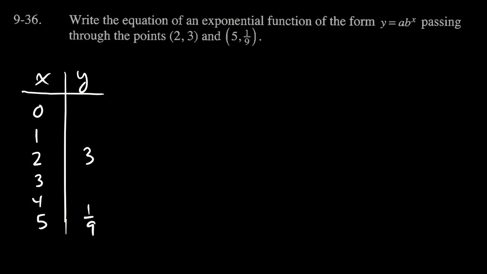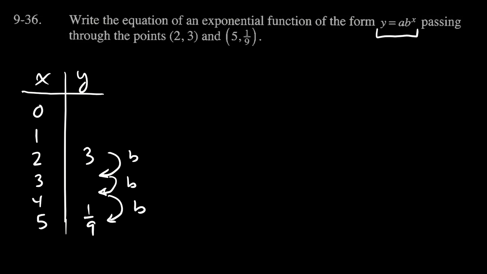So if I want to move from 3 to 4, for a situation like this where this is exponential, this is not linear, the question is, what am I multiplying by as I jump 1? That's from 2 to 3. This is from 3 to 4. And this is 4 to 5. So I'm multiplying by this multiplier b 3 times.